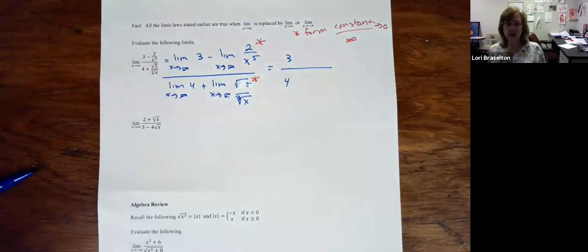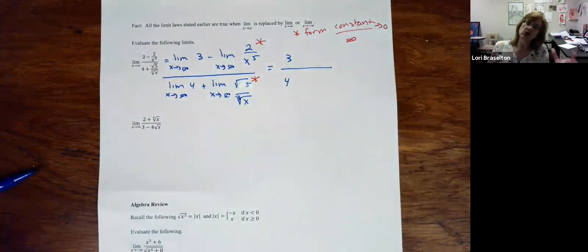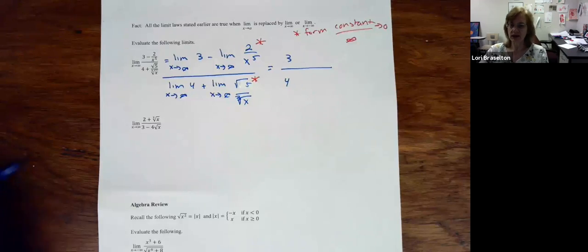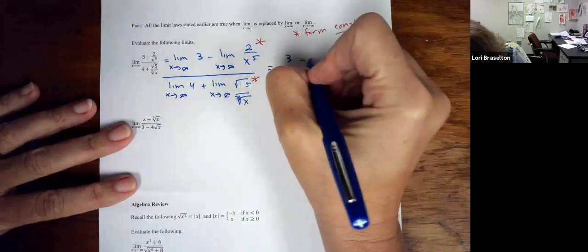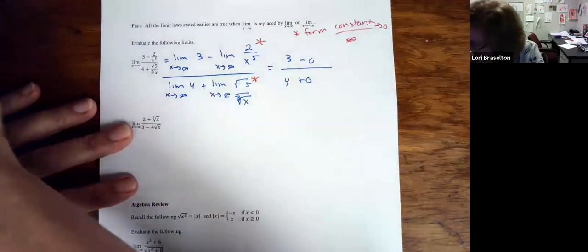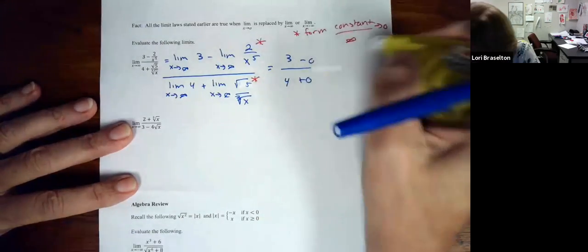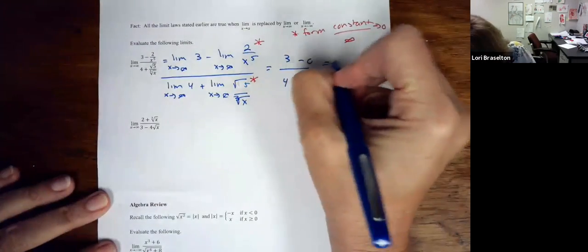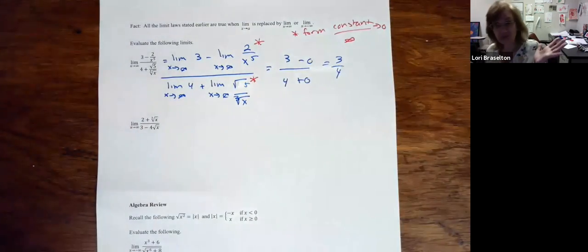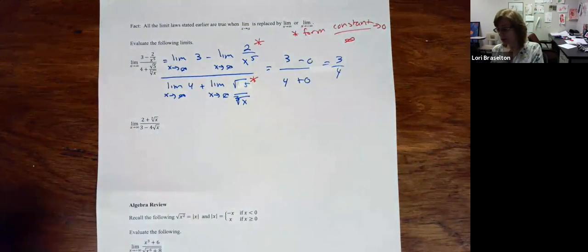And they go to zero. If we allow ourselves to think substitution, and we shouldn't, but do it anyway, we have that new form, constant over infinity, and constant over infinity go to zero. And so we get a final answer of 3/4. That's all there is to that one.